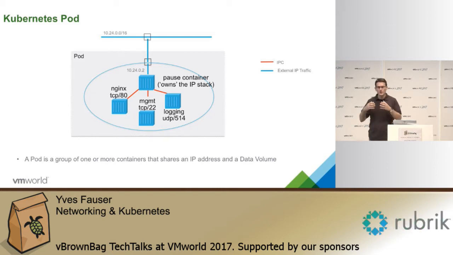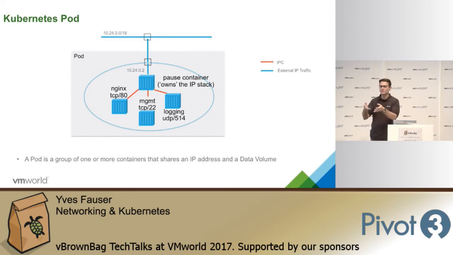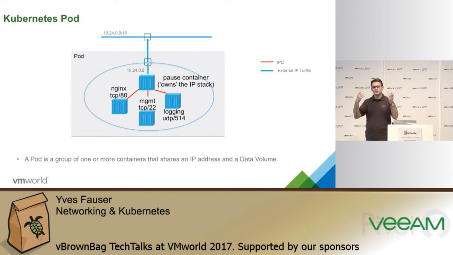But there are things where you need multiple processes. One example here is my web server and my logging process. I have a web server serving the request, writing logs out, and I want some syslog daemon to send them somewhere else, right? To be able to do that, I need to run two processes.